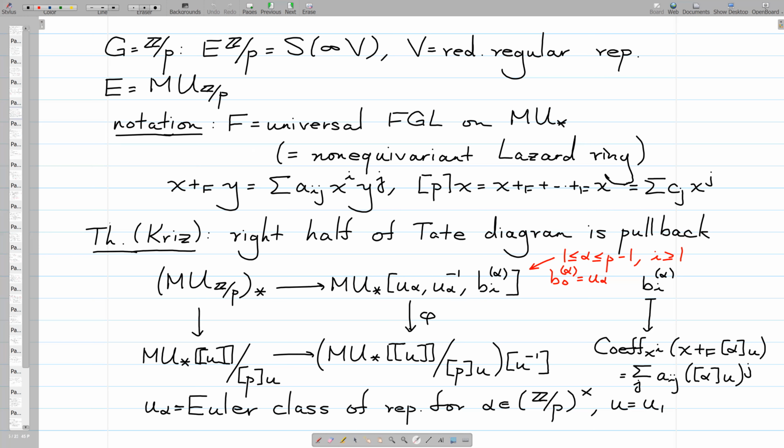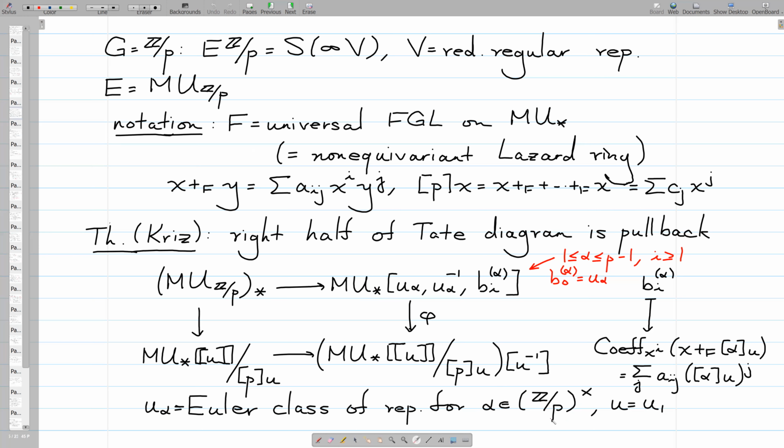What you have is MU star, the coefficient ring of the non-equivariant cobordism spectrum. And then it turns out you have what I'm going to call U alpha. So what is alpha? Alpha runs from 1 to P minus 1, so you can think of it as an element of Z mod P cross.